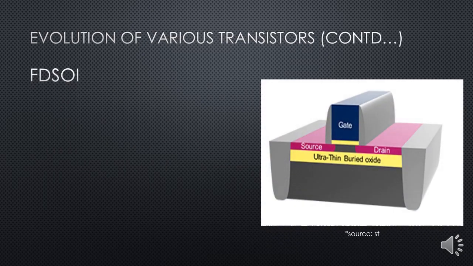FDSOI is nothing but fully depleted silicon on insulator. Once again it is a horizontal channel. But the difference between planar CMOS and FDSOI technology is the construction. As you can see here, we have an ultra thin buried oxide layer.